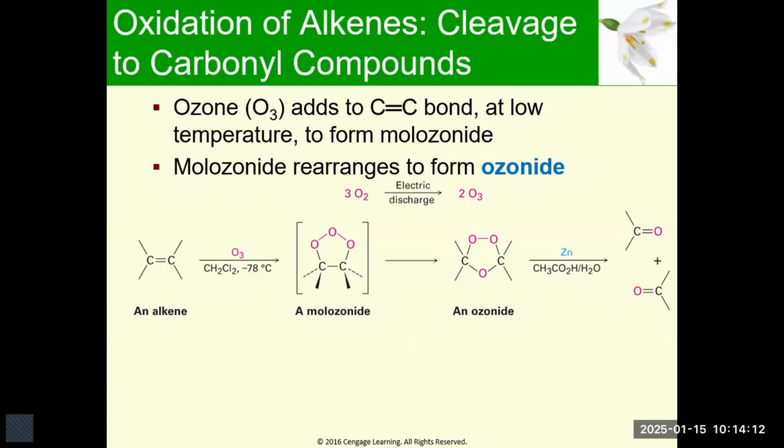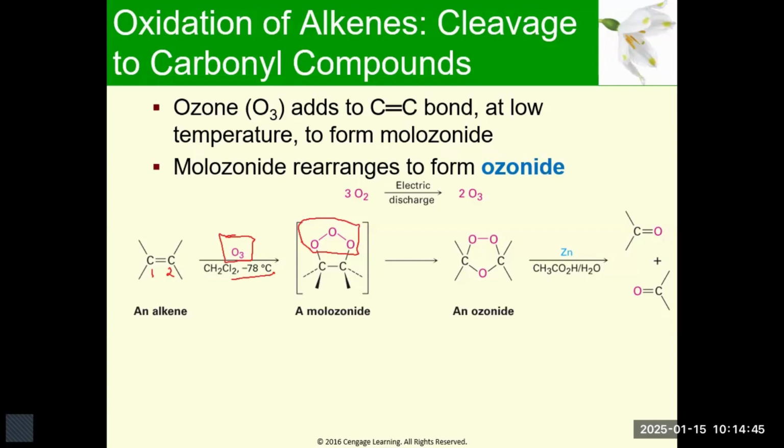So we have carbon 1 and 2. And so the reagent is going to be ozone. And notice it's under cold conditions in a solvent. And so what you're going to see is your ozone molecule is going to interact with your carbons.